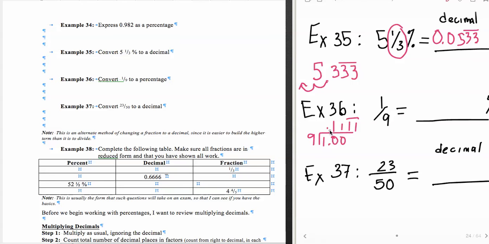And so to change this to a percentage, we move 2 places to the right, so this is 11.111, and so forth, repeating. Or this part right here is 0.111, which is 1/9, so we could represent this as 11 1/9 percent.